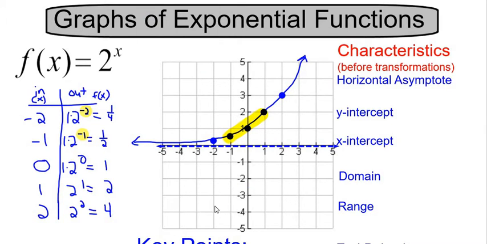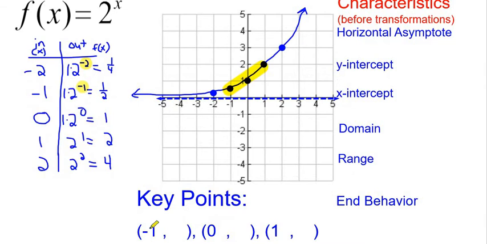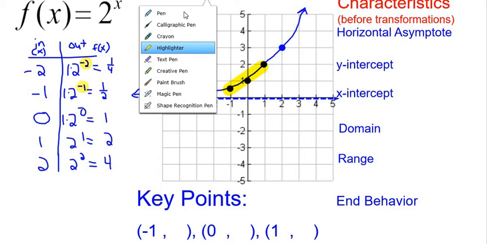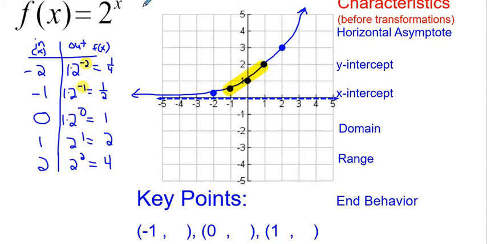So the key points that we use are -1, as you can see over here, -1 produced the base. Let me get rid of this coefficient so it's a little more obvious. -1 produced the base of that number, but on the denominator. So -1 will always produce 1 over your base.